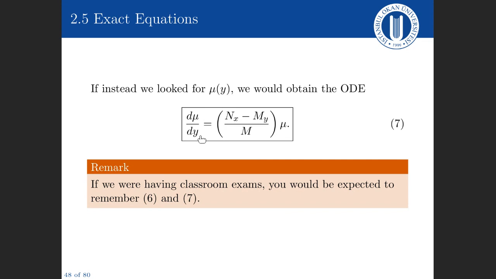If we were having exams in a classroom, you would be expected to remember these two equations. If we're having online exams, which I'm assuming we will do, please make sure that you have equation 6 and equation 7 written down on a piece of paper next to you in case I give you a question that needs them.